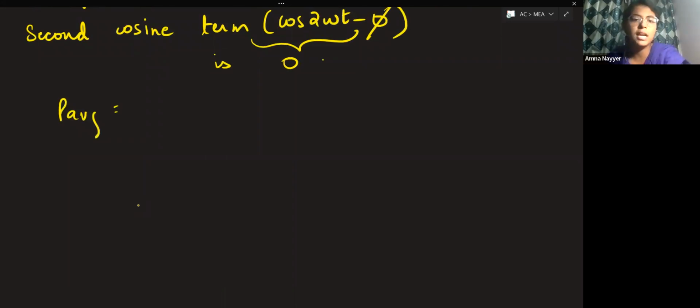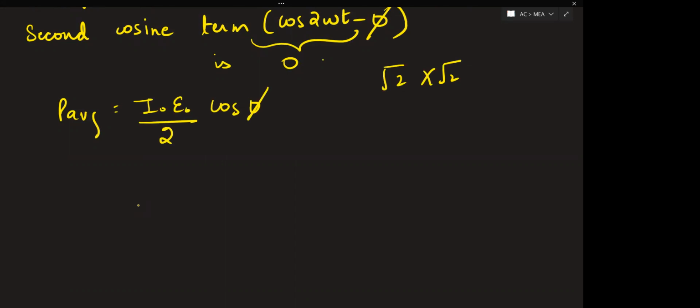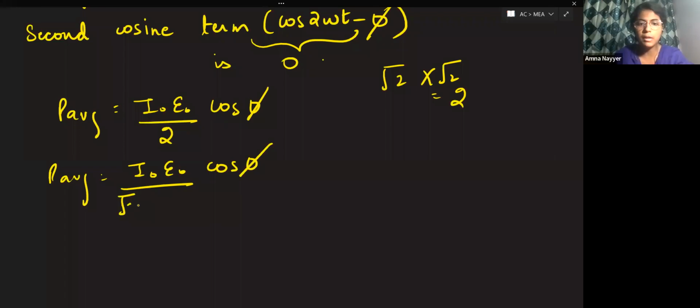The average power will be I naught, E naught, divided by 2, and only cos phi is left. What is root 2 multiplied by root 2? It is 2. So I can write this 2 as root 2 multiplied by root 2. I naught by root 2 is what?